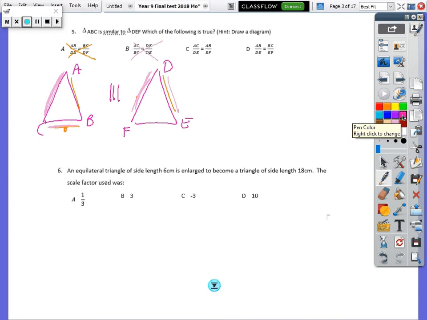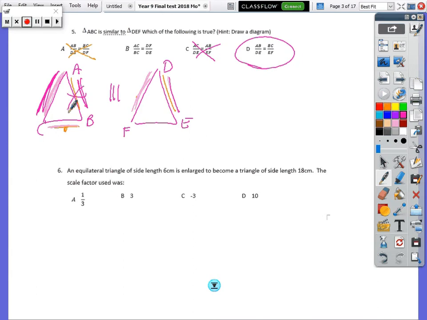Okay, AC over DE, beg your pardon, go back. So AC over DE, well they're not matching up, and so you're only left with one.